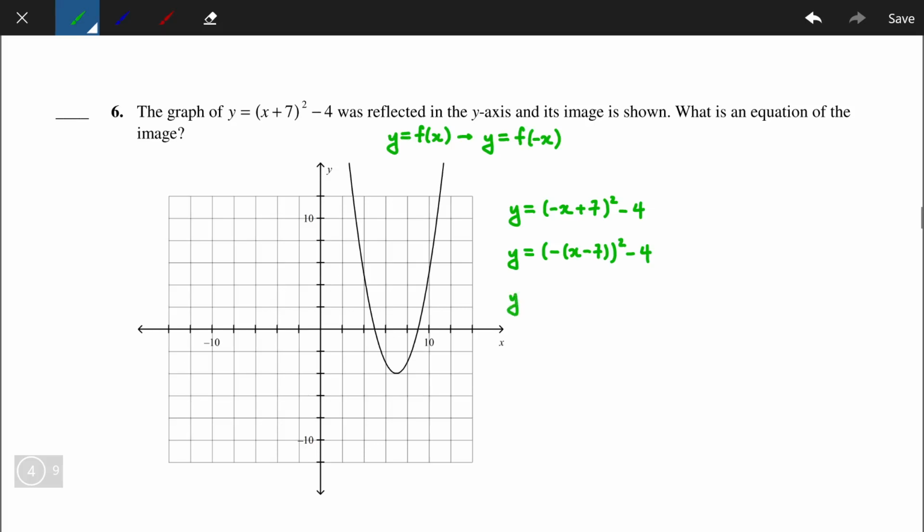So we actually just have y equals x minus 7 squared minus 4. Okay, so the correct choice this time is B, which is, of course, also the graph right here.